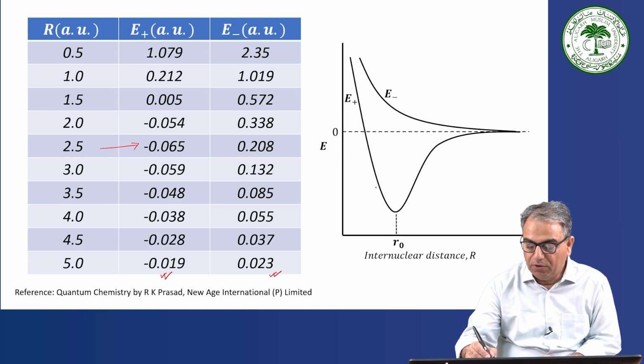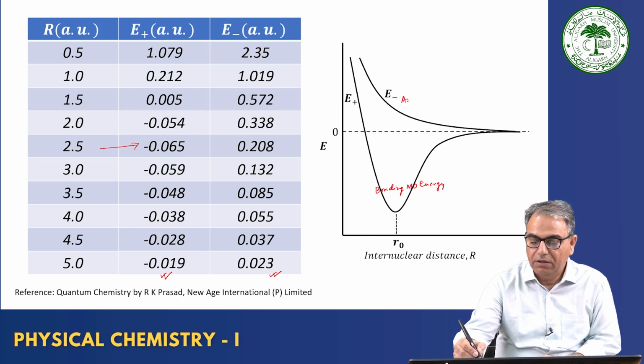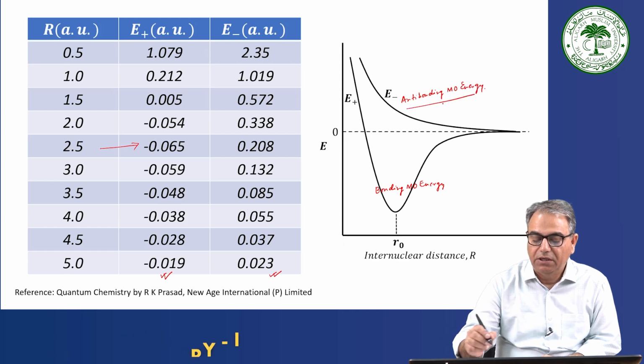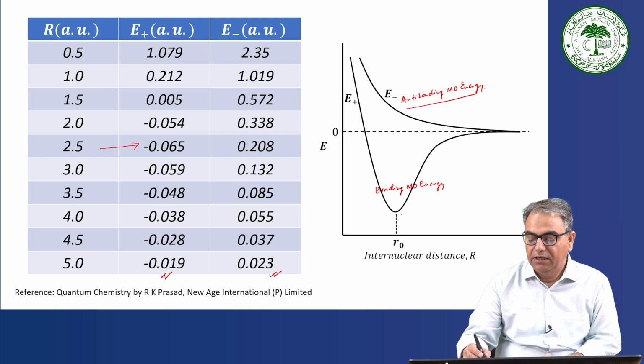This is your bonding MO energy. This is your anti-bonding MO energy. So anti-bonding energy remains always positive, but the bonding molecular orbital energy has an energy minima which is at the distance of bond length.